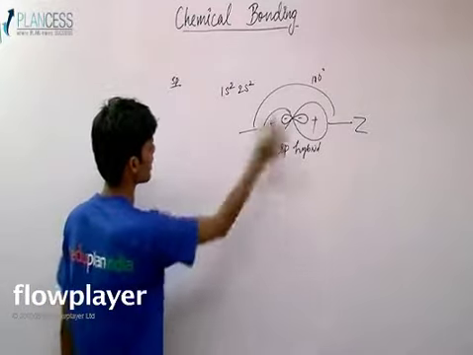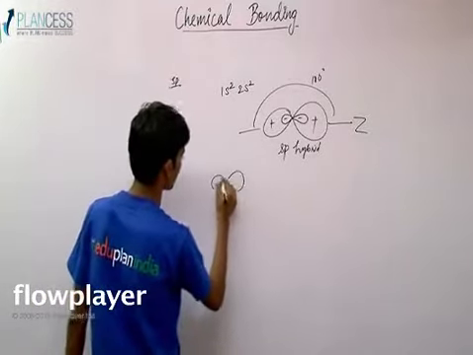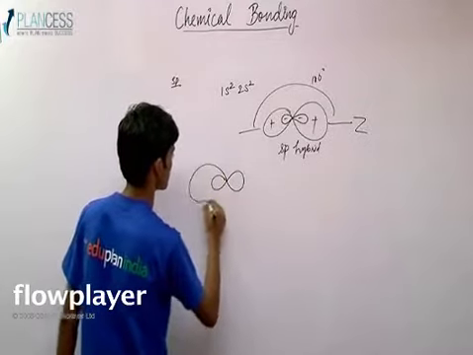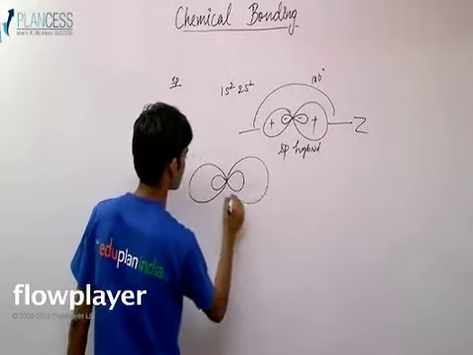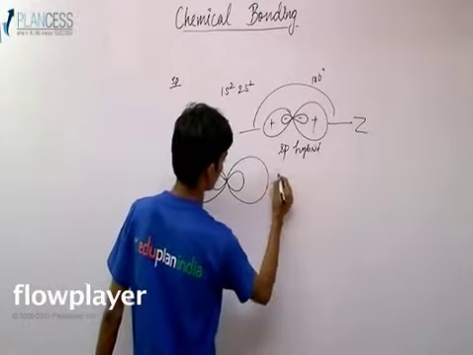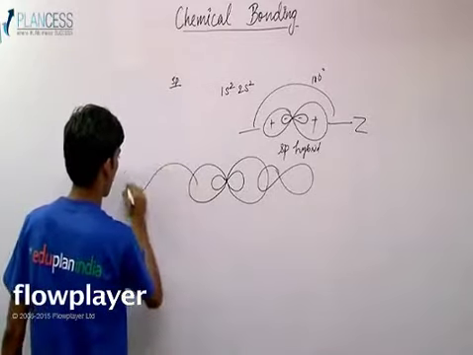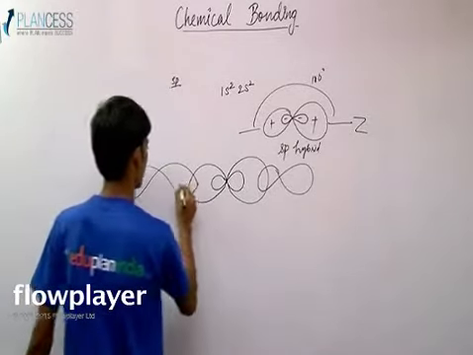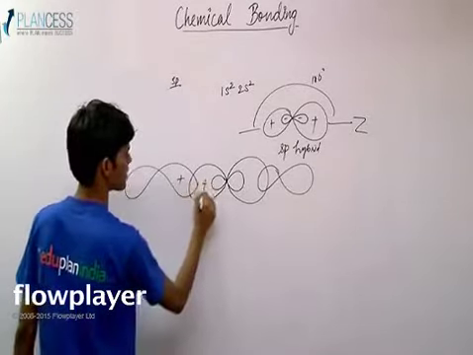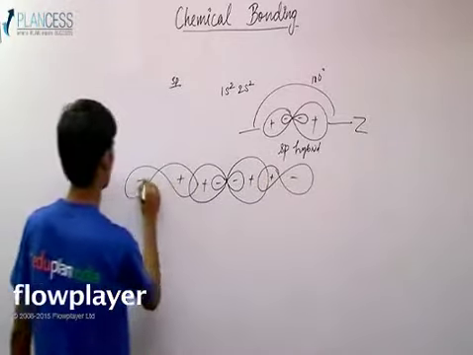Now when two Cl atoms approach this, the two Cl atoms also have p orbitals overlapping with these.